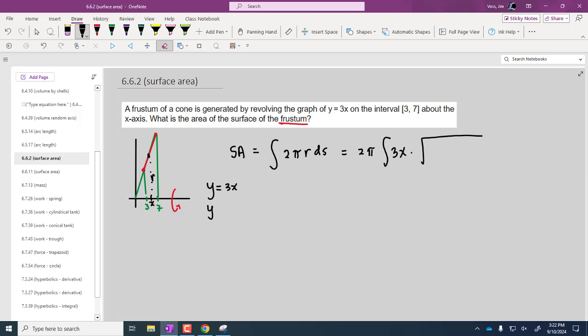The derivative is just 3. So this is going to be 1 plus 9 inside there. And our limits of integration, we were told, are 7 and 3. So the surface area ones are usually easier than the arc length ones.